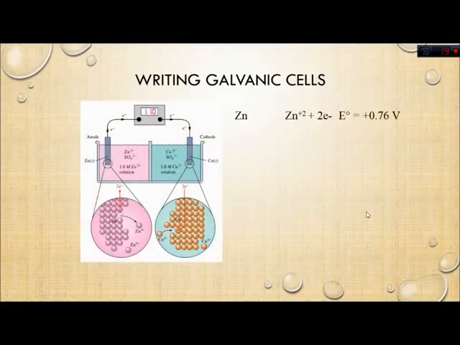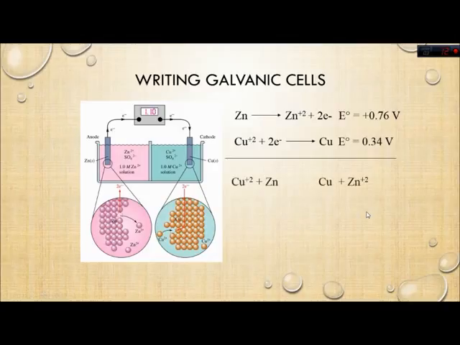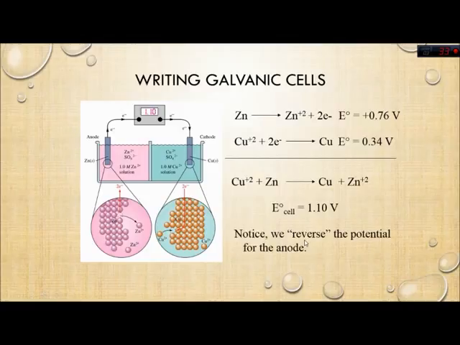Now while writing these equations, we will add up both of these equations, and hence the electrode potential is the summation of these two voltages, and we get it as 1.10 volt. In this way we can get the galvanic cell's net potential.